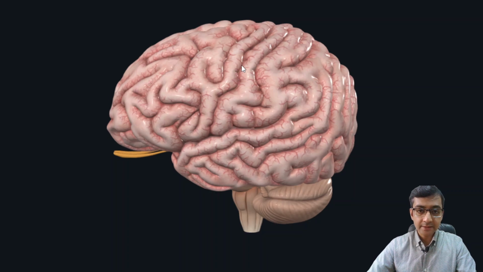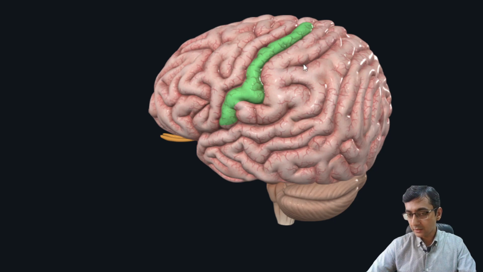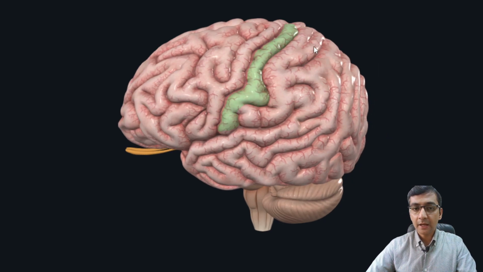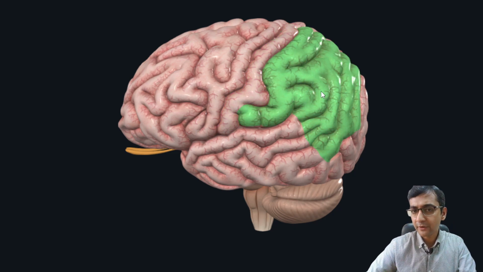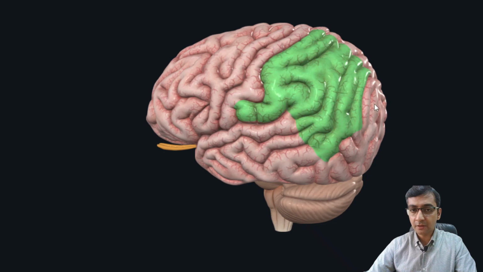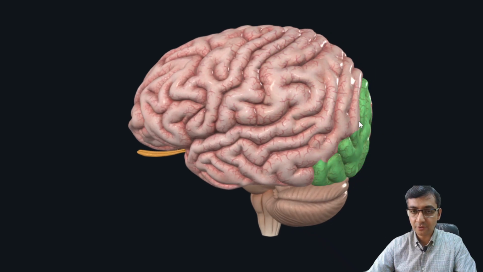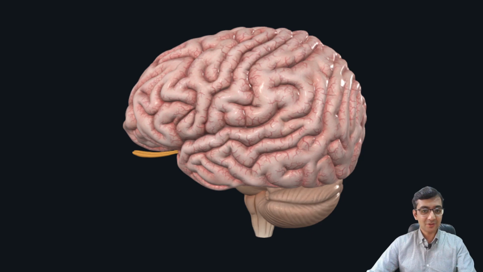So here is the central sulcus, and behind it, this is the postcentral gyrus, and the major sulcus present here is the intraparietal sulcus, and above and below there are the superior and inferior parietal lobules, not very well demarcated in this particular model. And then there is the occipital lobe behind it, and this is the occipital sulcus. This is a little overcomplicated model, but let me show you anyway. So this is about the parietal lobe.